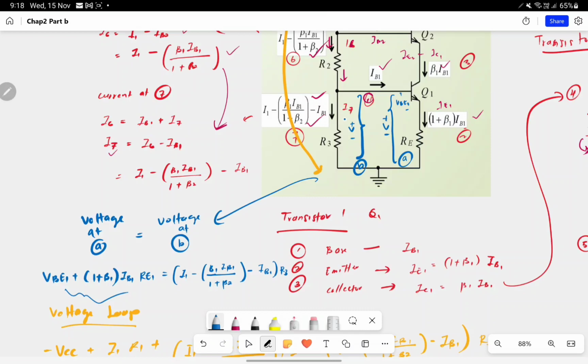The voltage at the left side is the current entering R3. So the current entering I3 is 1 minus beta 1 times IB over 1 plus beta 2, minus IB1, times R3. This is the second relation between the voltages A and B.